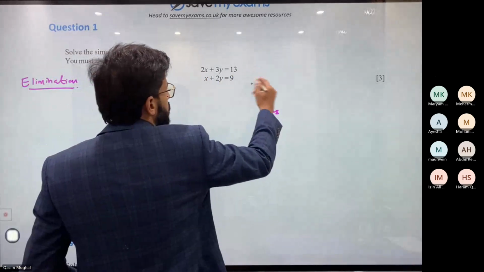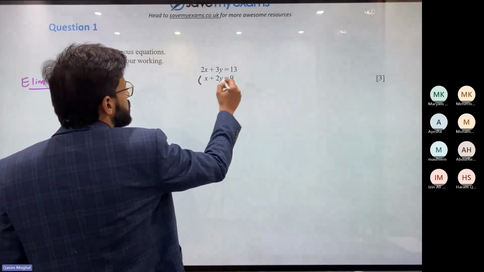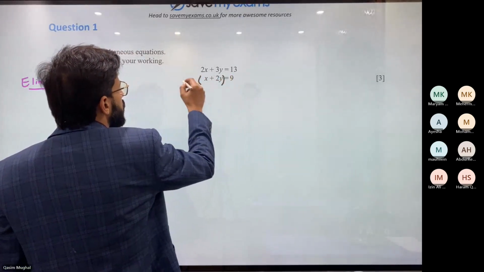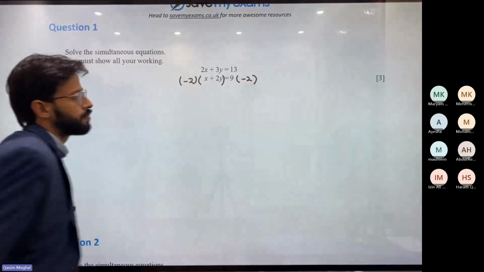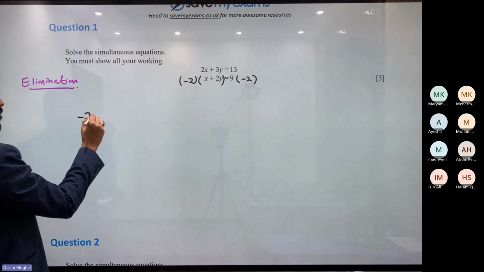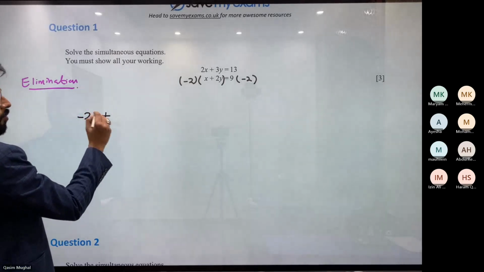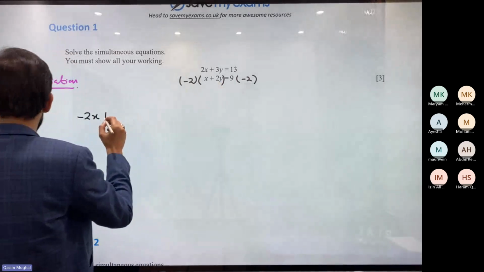So what I'm going to do is multiply this entire equation with -2. Now this is going to result in -2x, and then plus times minus is minus.